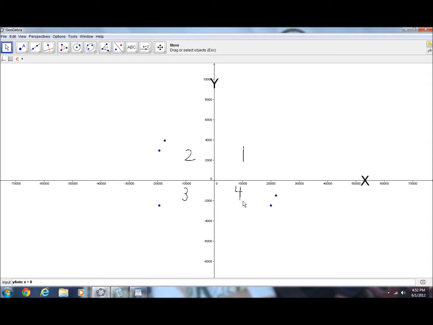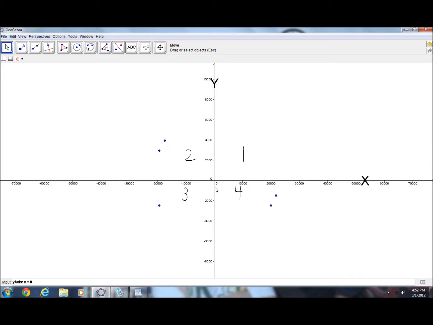The Cartesian plane has 4 sections, starting with 1 at the top right hand corner and 2 in the left hand corner. The 4 sections follow consecutively in a counterclockwise order till 4.